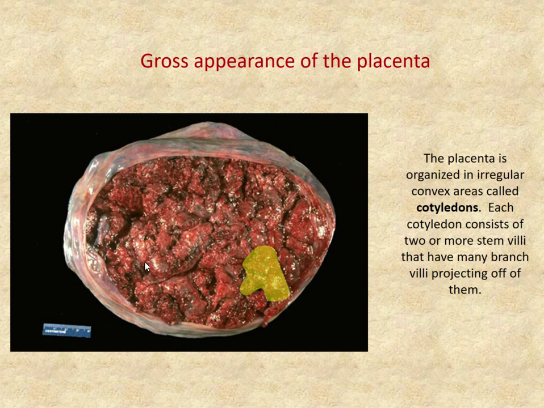So here you can see a whole bunch of cotyledons. They're septated. They have breaks in between them. I just highlighted one for you. One of these would have 2 or 3 stem villi, and then lots and lots of branch villi projecting off of them. And then after the placenta comes off, there might be a few pieces of the underlying uterus called the decidua basalis on there, but it would be very thin.